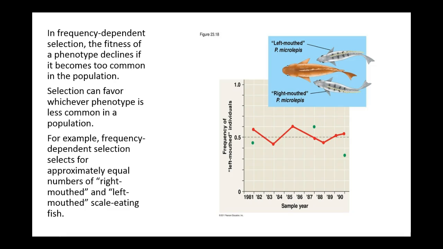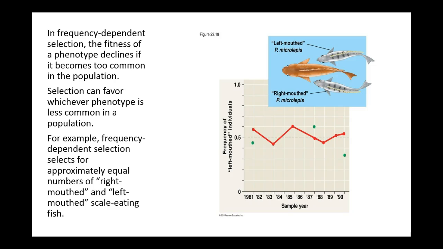Each of these has a different phenotype, a different allele on a specific position of a chromosome. And this fish that's being eaten on, if it lives in a pool where there's just left mouth fish, then it's going to be able to attack those fish because it's just looking at its right flank.